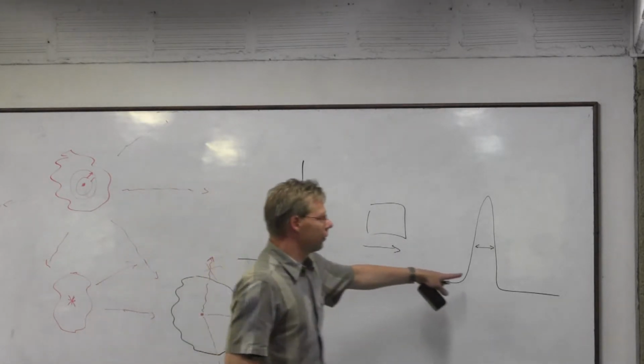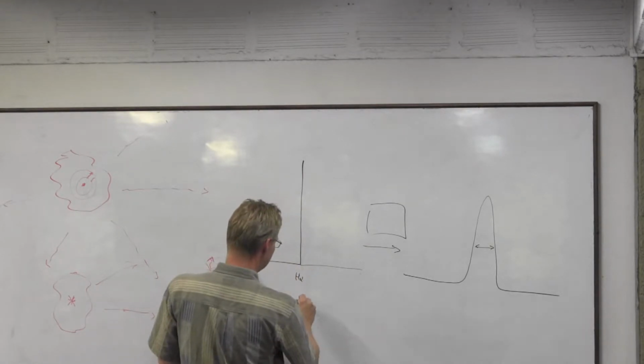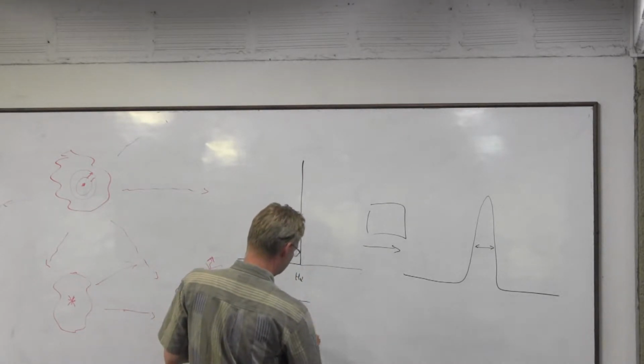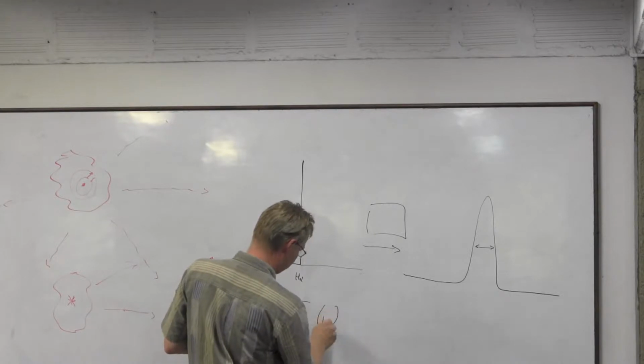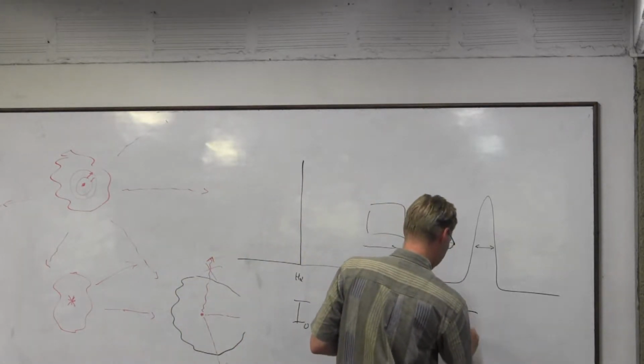And the broadening here, okay, so let's say this intensity distribution would be the initial one, it's a function of frequency. And what you observe here, that's the observed one.